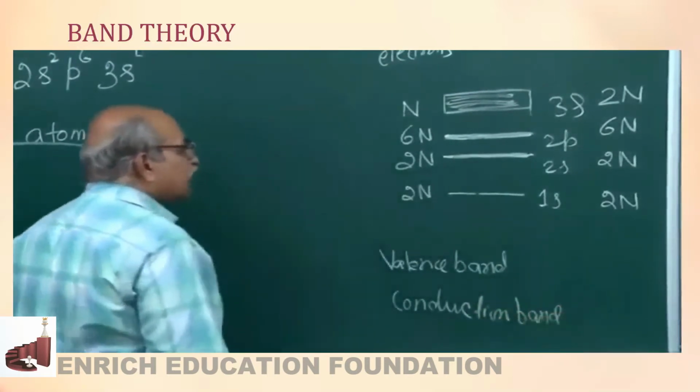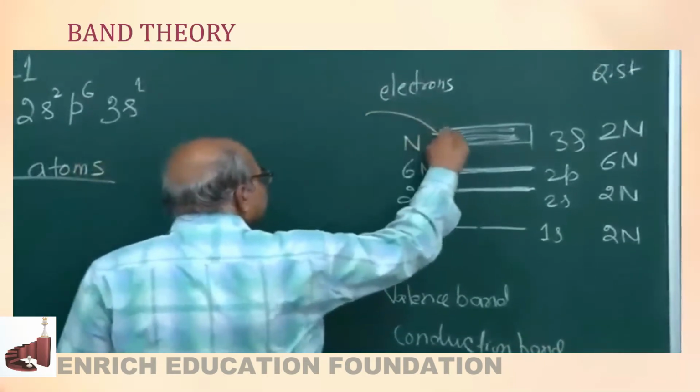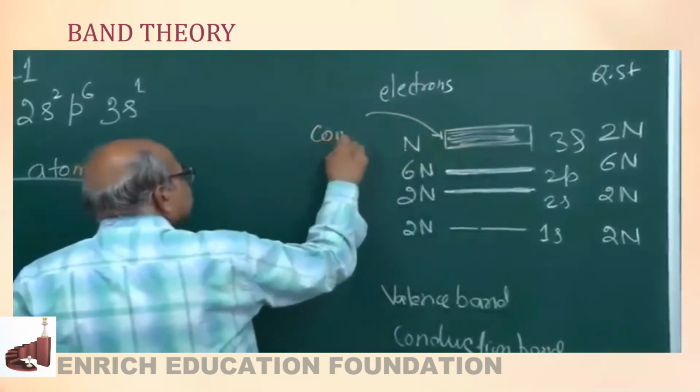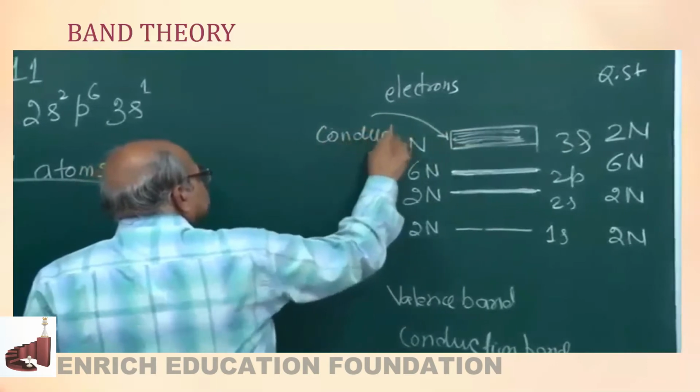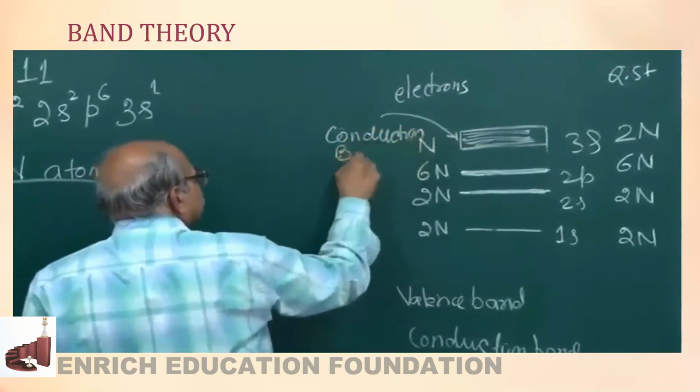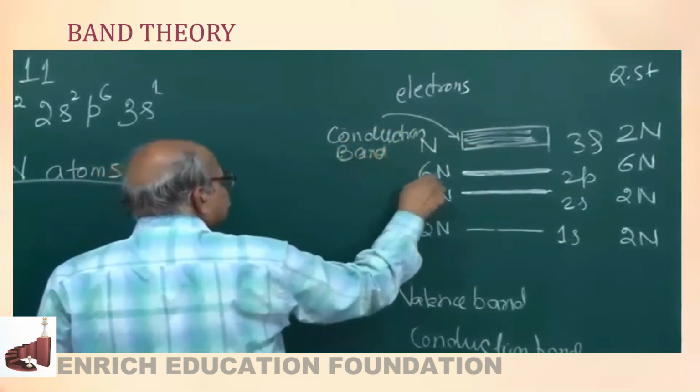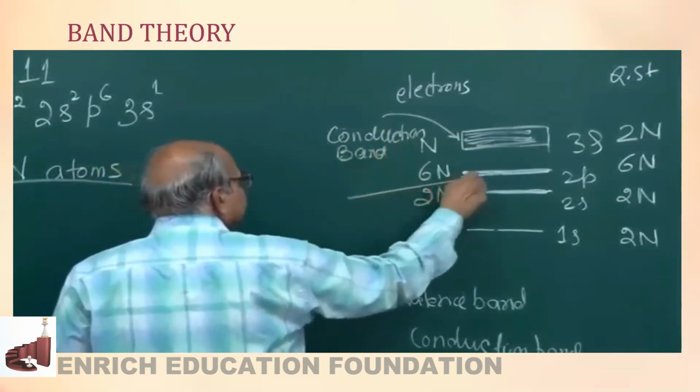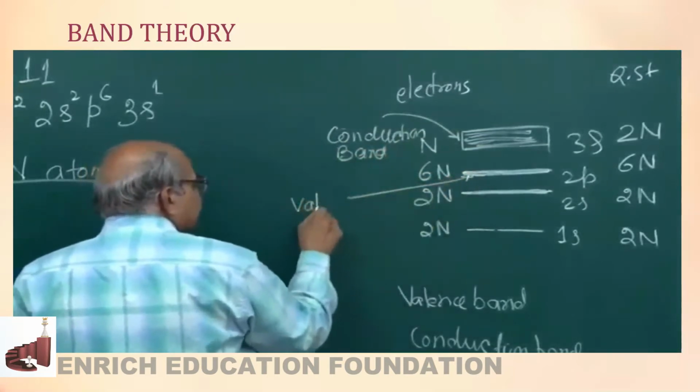In this particular diagram, this band I will be calling conduction band, and this one I'll be calling valence band.